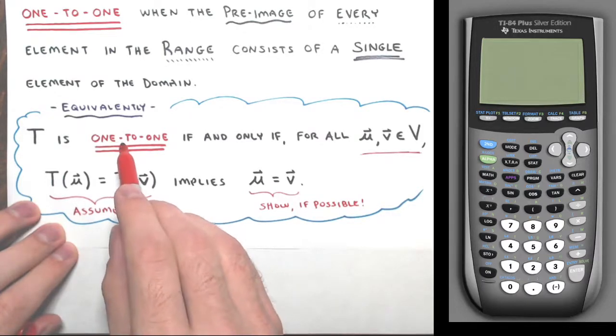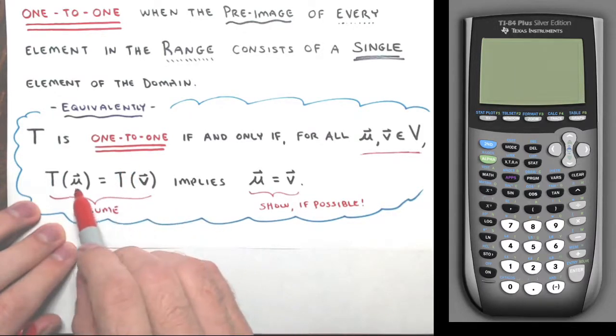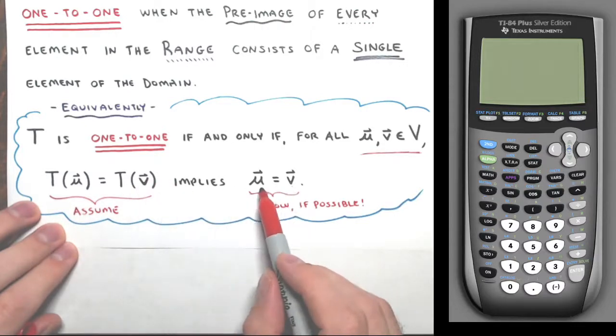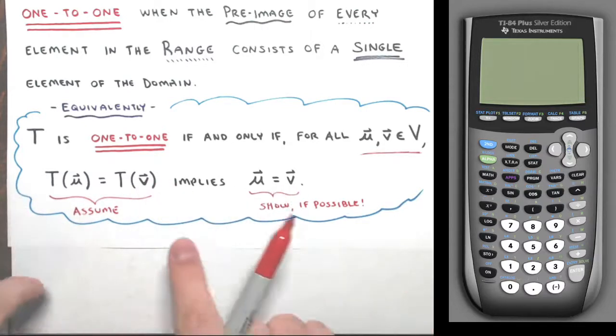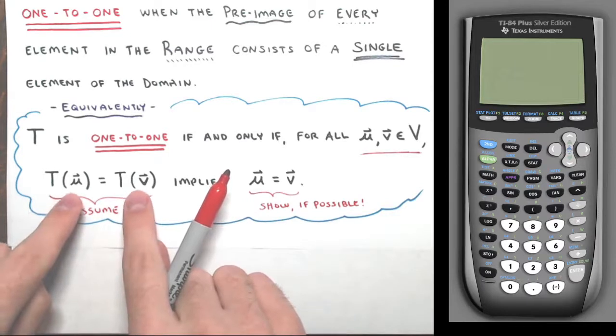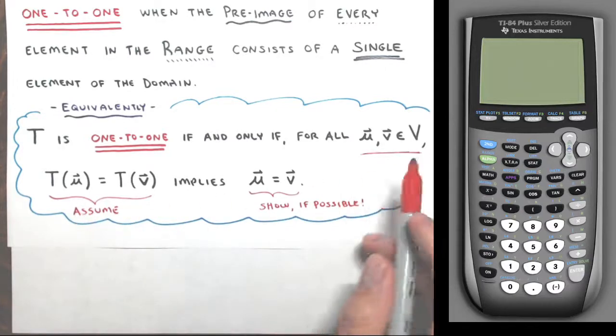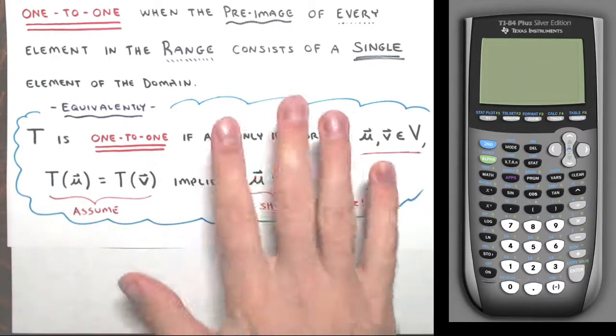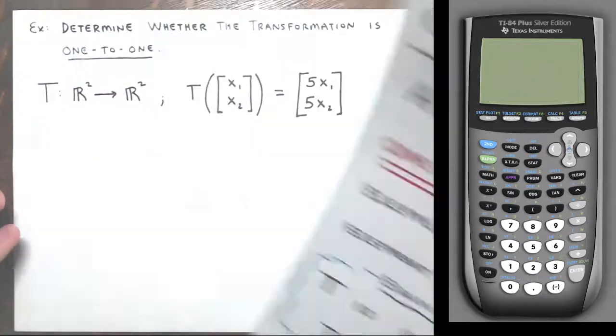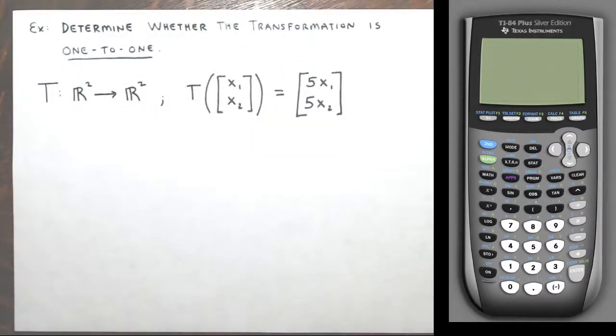And if it is one-to-one, and you have two equal outputs, then the inputs must be the same, because if the outputs were the same but the inputs were different, then you would have something that's not one-to-one. You have two different inputs going to the same output. All right, so we're going to use this a lot to show one-to-oneness or injectiveness.